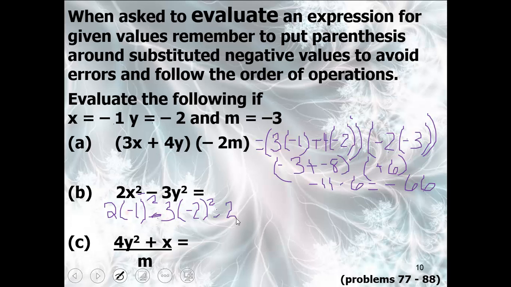So I get 2 times negative 1 squared is 1 minus 3 times negative 2 squared is negative 2 times negative 2. That is a positive 4. So I get 2 minus 12 equals negative 10.